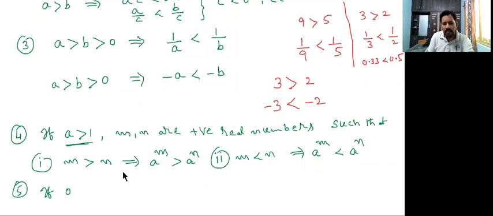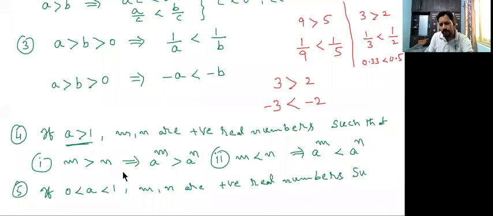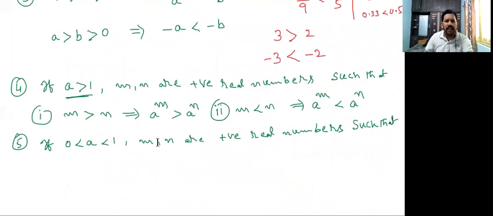Now, if a value lies between 0 and 1, and m, n are positive real numbers such that, here observe that the a value lies between 0 and 1.